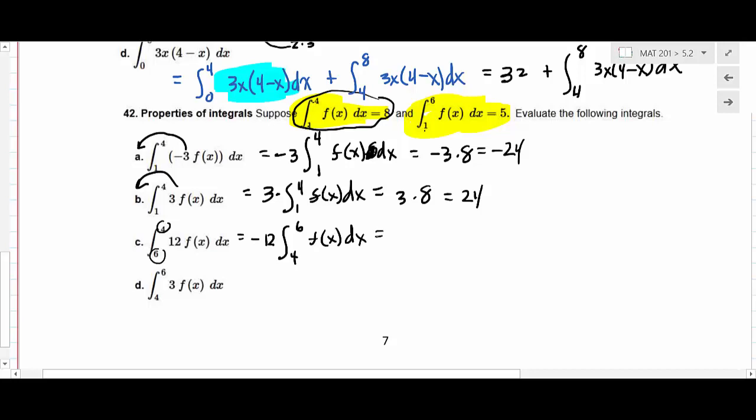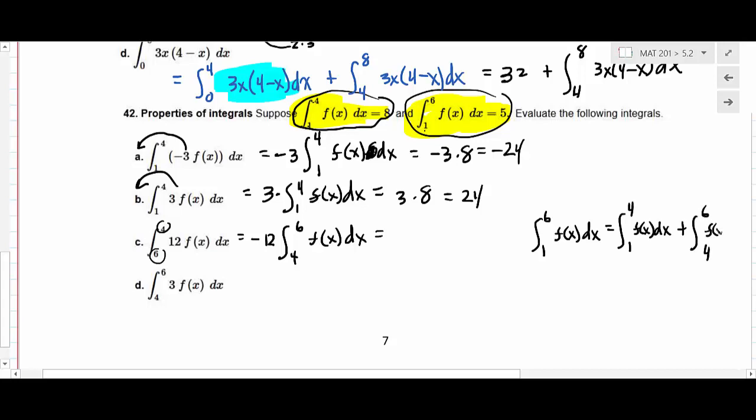Now what I've got to do is, from these two integrals, figure out what this area is. If you look at this, and I'm going to write this at the side, if you have the integral from 1 to 6 of f of x dx, you could break it up into the integral from 1 to 4 of f of x dx plus the integral from 4 to 6 of f of x dx.